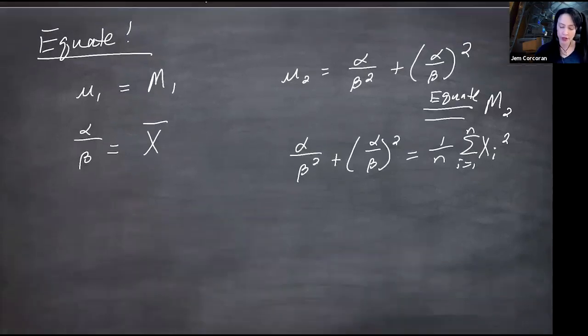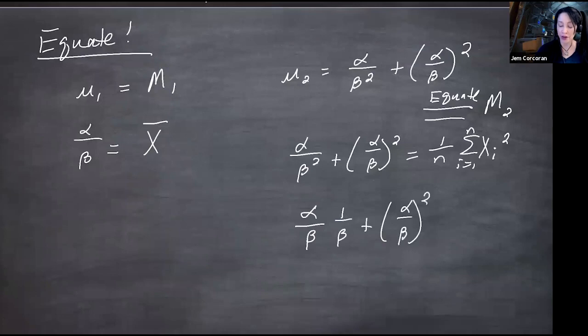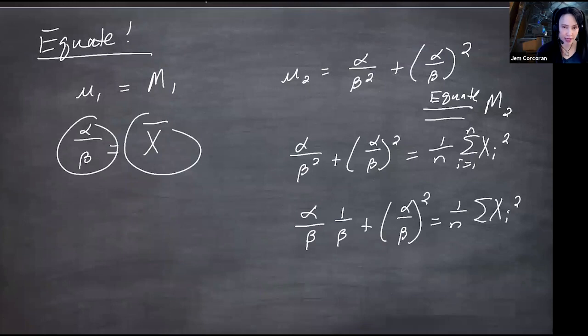And if you go to this equation on the left, this is alpha over beta, 1 over beta plus alpha over beta squared equals that second moment. So when written that way, I can go ahead and plug in x bar for the entire alpha over beta.